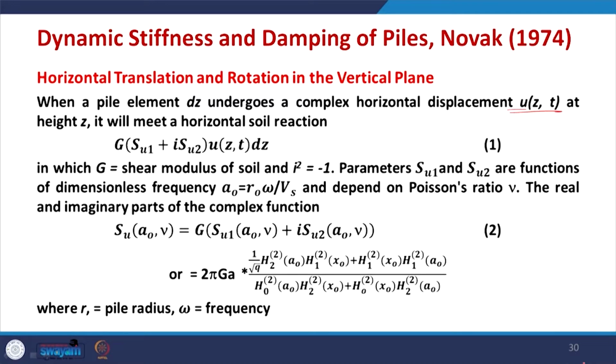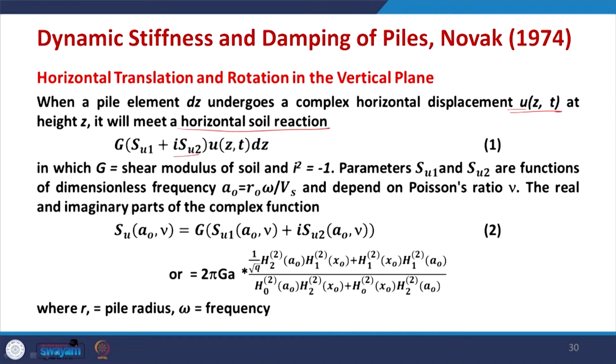Rather than going into that, the most important thing is that in this equation, which denotes the horizontal soil reaction, which is basically force, S_u1 and S_u2 are coming, where S_u1 is for the real part and S_u2 is for the imaginary part. So, what are S_u1 and S_u2? They depend on the soil-pile geometry and properties.